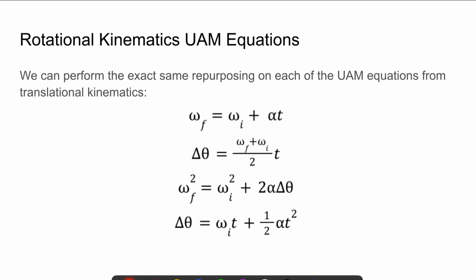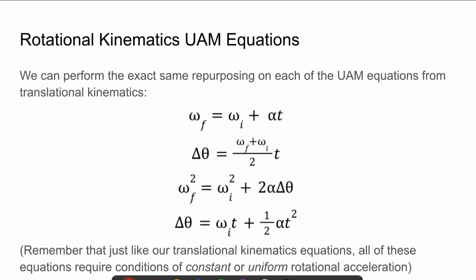And now, rather than uniformly accelerated motion, we're thinking about uniformly angularly accelerated motion, or uniformly accelerated motion in a rotational capacity. And just remember that just like our translational kinematics equations, all of these equations require that our acceleration is constant and uniform throughout time.